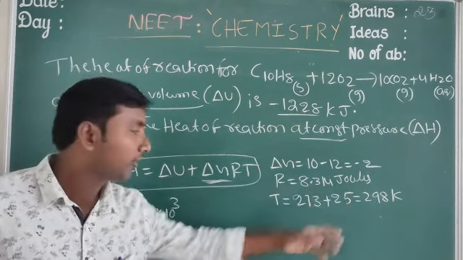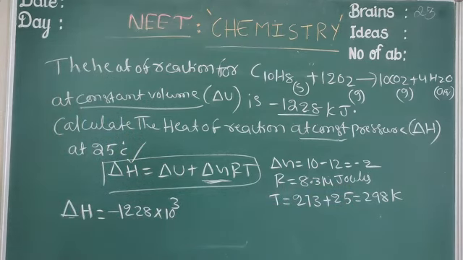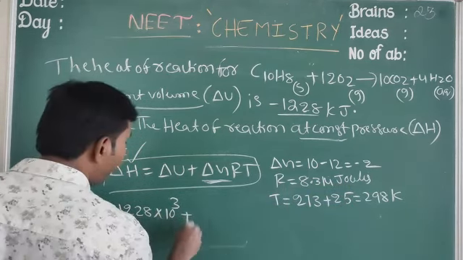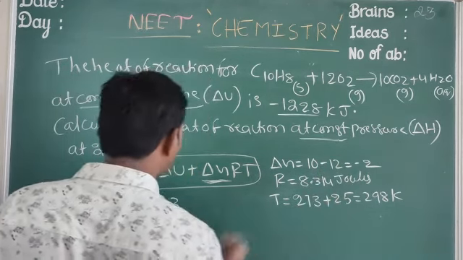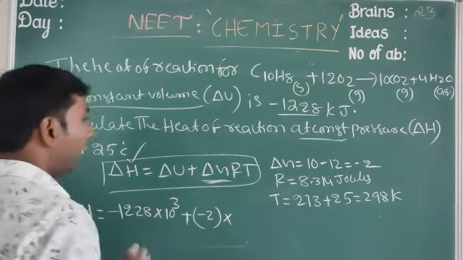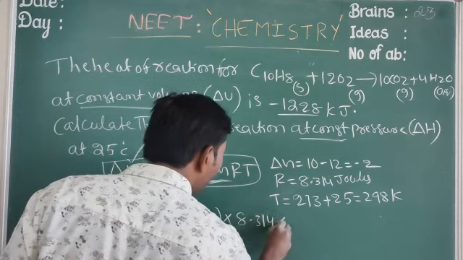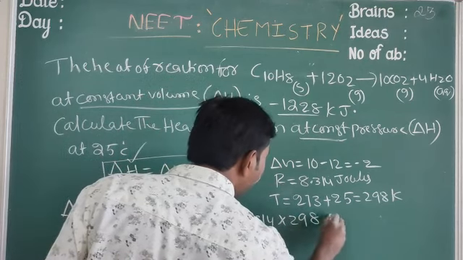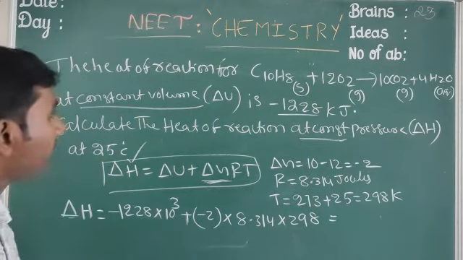Plus del n, minus 2, into R value 8.314, into 298. This is the answer. Do the calculation and the answer comes.